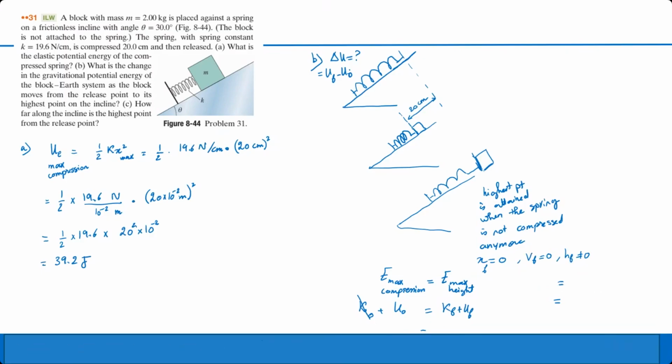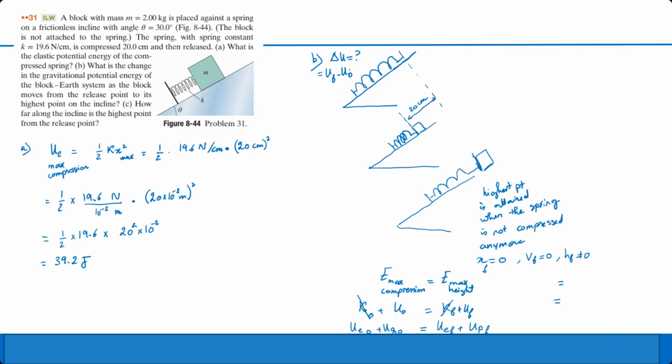So here I have, at the maximum compression, some U elastic initial plus U gravitational initial. K final is also 0 because at the maximum height, the block is also with no speed. And U final is the final potential energy. It will be U elastic final plus U gravitational final.